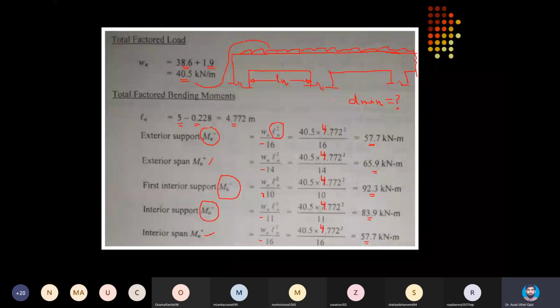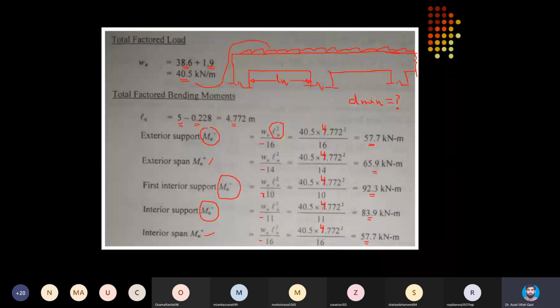So it is more practical to fix the H based on highest demand, so that if the highest moment section will get the H satisfied for D minimum, then rest of the sections will automatically be satisfied.